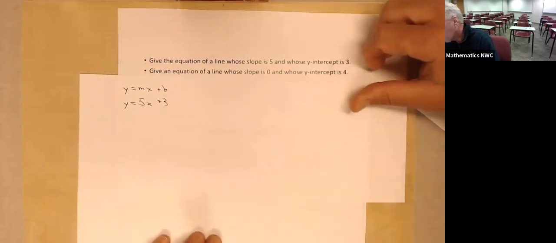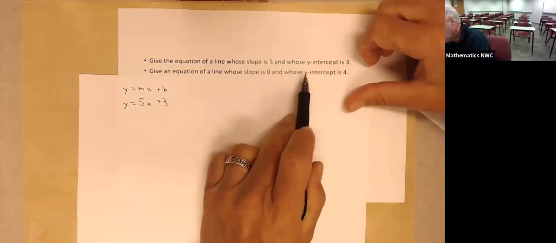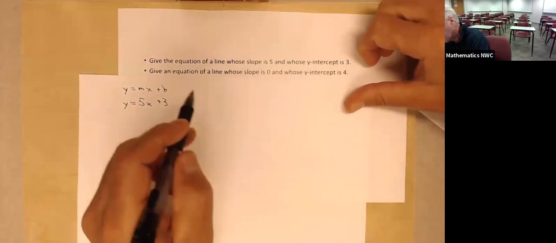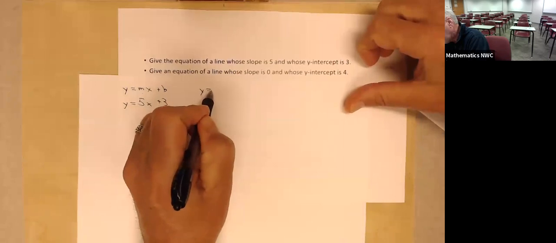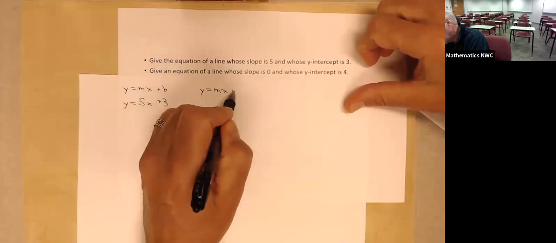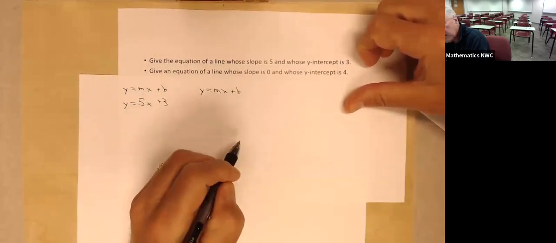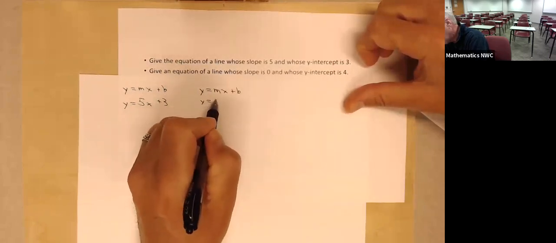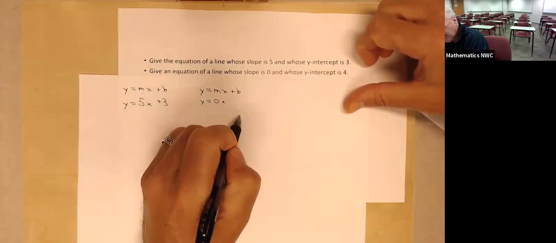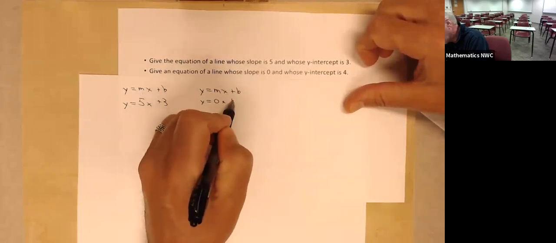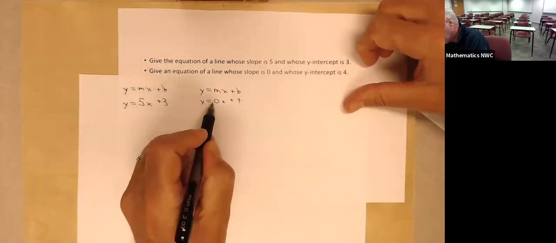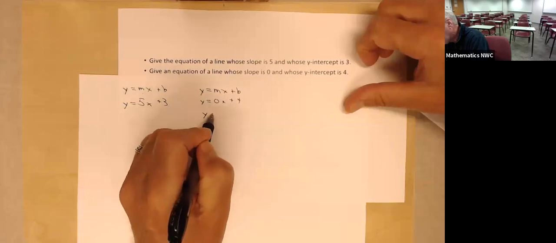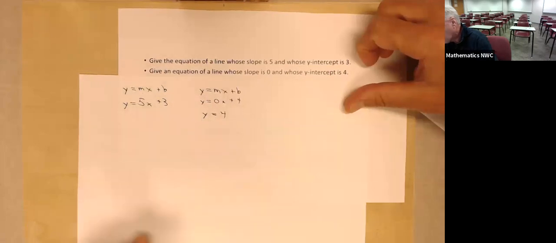This one: give an equation whose slope is 0 and whose y-intercept is 4. Well, that slope-intercept form again is this. My slope turns out to be 0. My y-intercept is at plus 4. 0x is going to drop out, and that's why we end up with y equals 4, just y equal to some number.